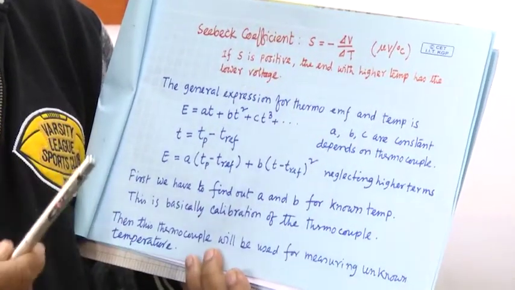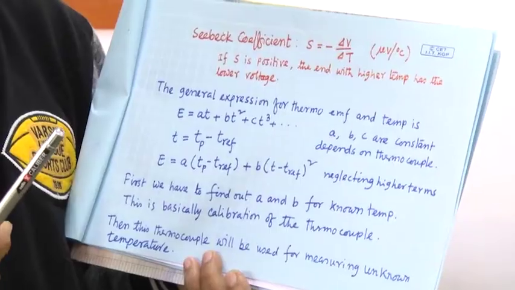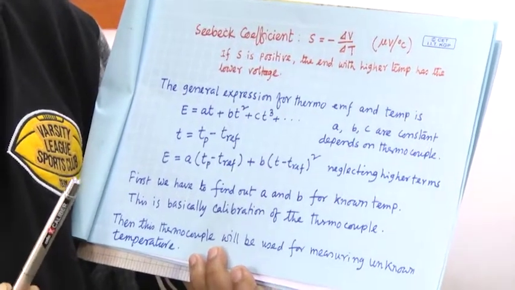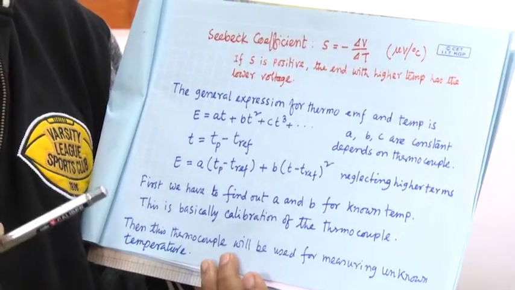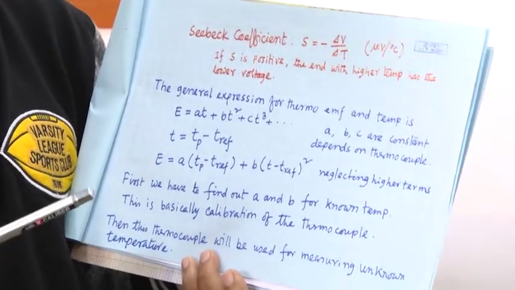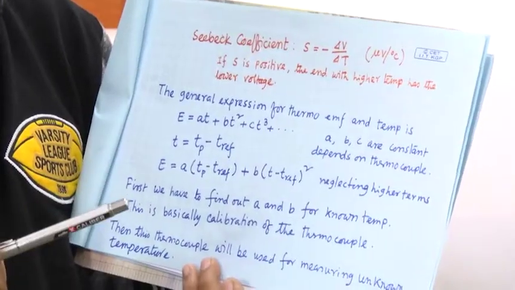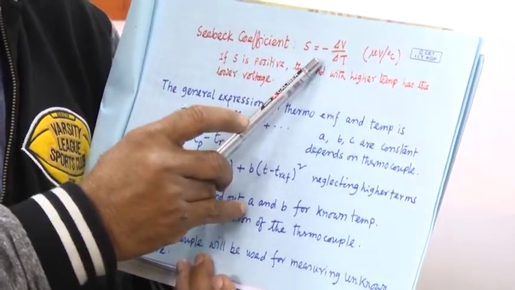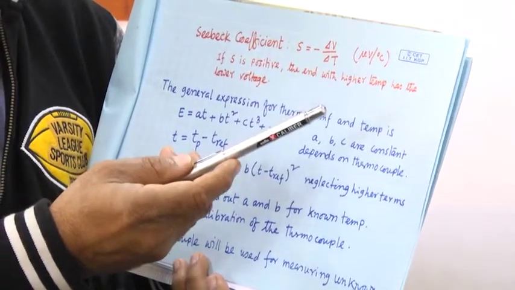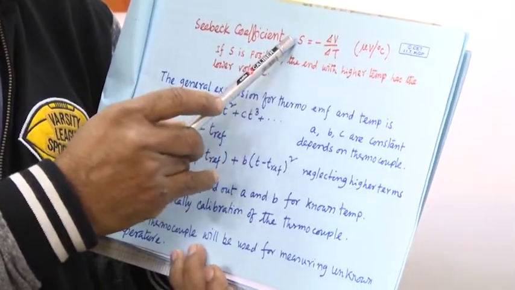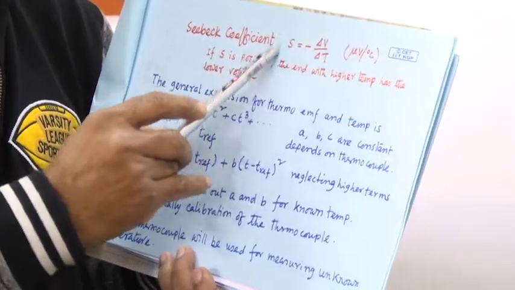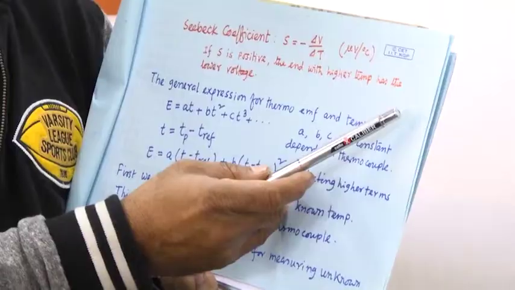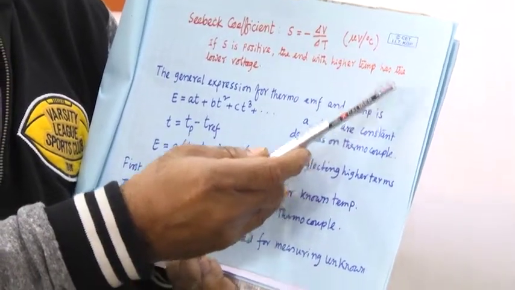So, for measuring an unknown temperature, you are basically measuring the voltage. Experimentally you will know the voltage, okay. To convert it to temperature, this factor will act as a calibration factor. Whatever voltage you are getting, if you divide that voltage by this Seebeck coefficient, that will give you the unknown temperature.